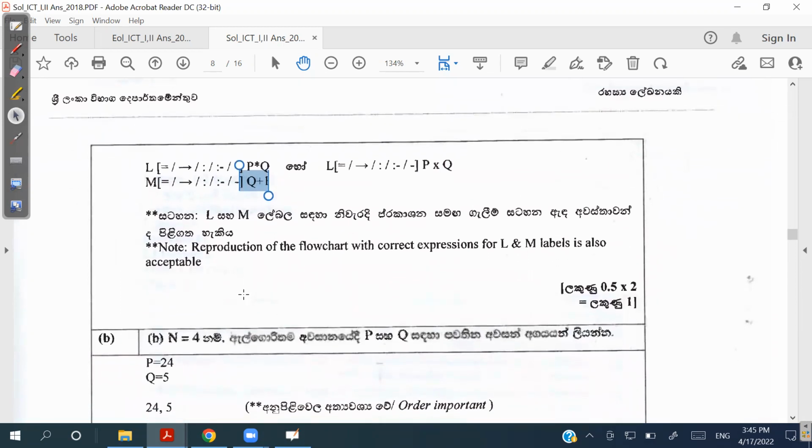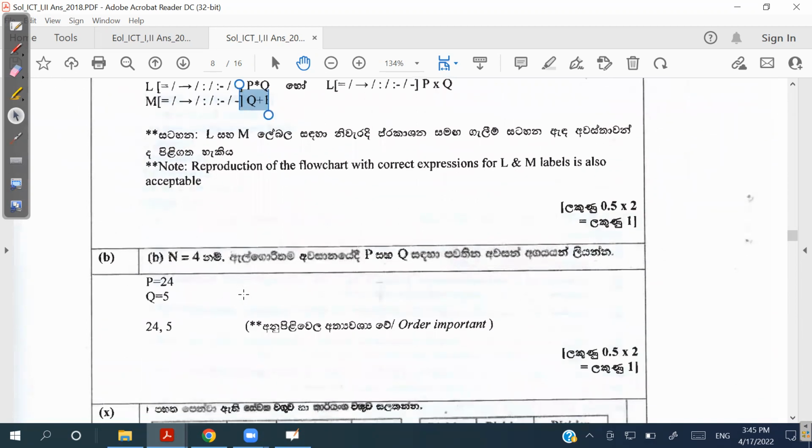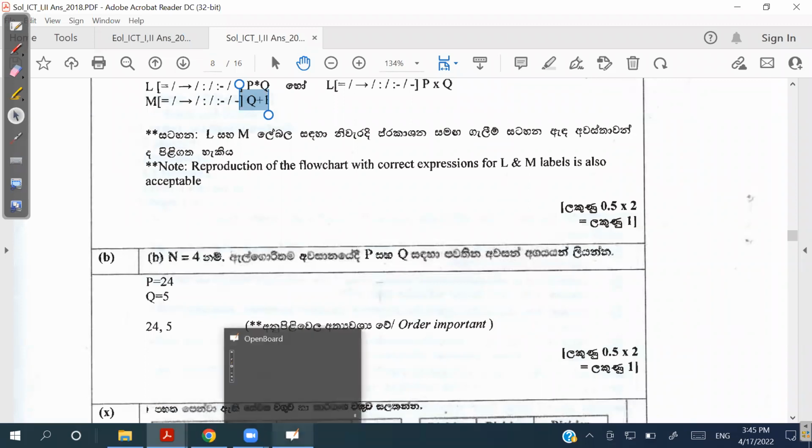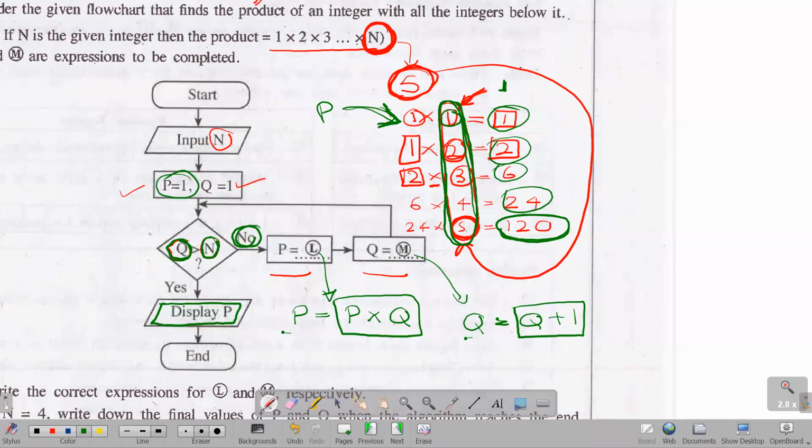And the second one is asking if the value of N is 4, what are the values for P and Q at the end? So Q is going to be 5 and P is going to be 24. Why is it going to be like that?